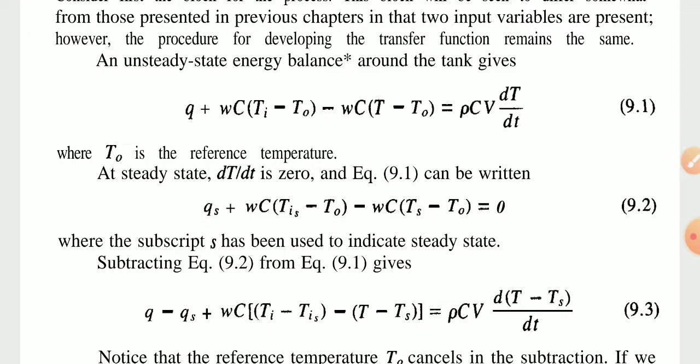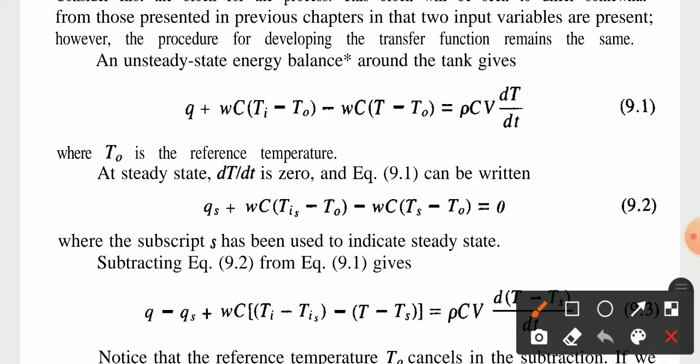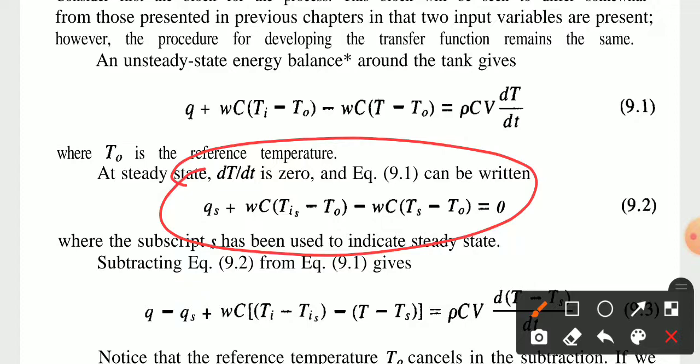And T0 is the reference temperature at steady state, where dT/dt is 0, and equation 9.1 can be written, which we did as the first equation earlier, on that basis: Qs plus WC(Tis minus T0) minus WC(Ts minus T0) is equal to 0. This is our second equation.